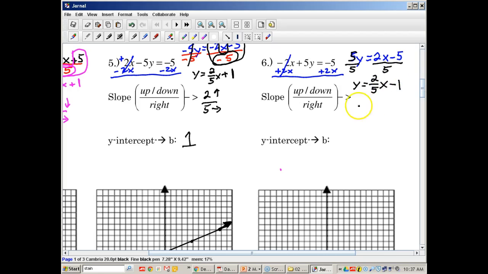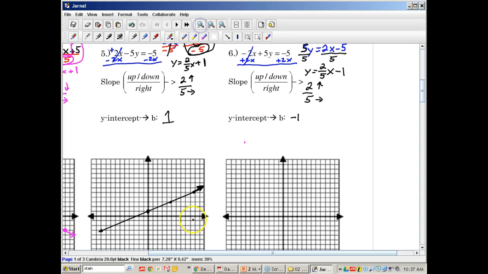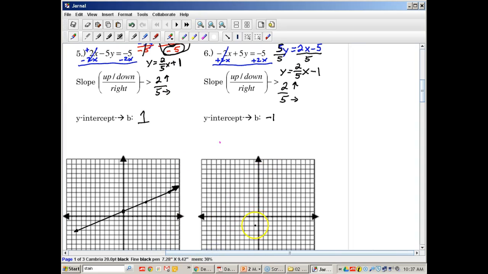Okay, check what you got. Did you get this? Up to right 5, starting at -1. Start at -1, up to and right 5.